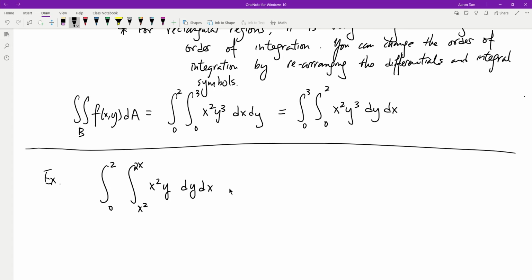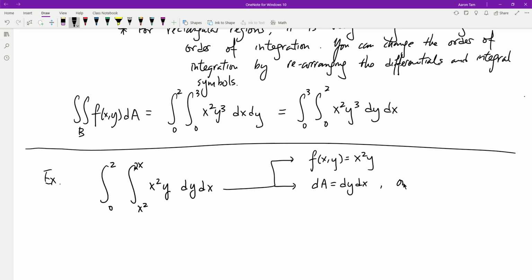First of all, let's try to understand the following. Number one, I identify that f of xy must equal x squared y. That would form some kind of surface in R3. I don't know what the surface looks like, but I know it has to be some kind of surface. Two, I know that the order of integration, where dA is the area differential, is in this case defined to be dy dx.